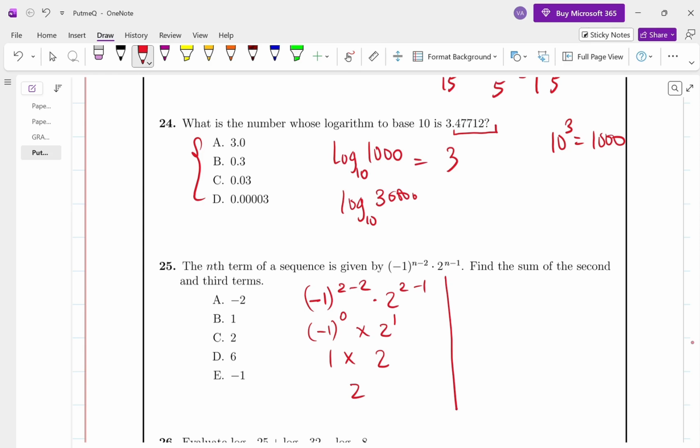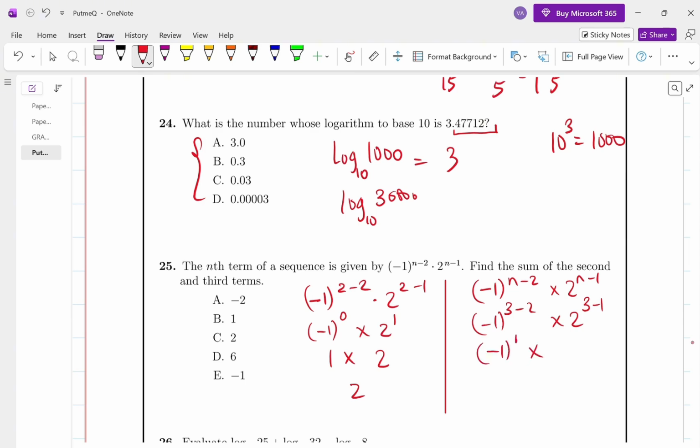So this is the second term. Now the third term, so we have -1 to the power of n minus 2 times 2 to the power of n minus 1. So we're looking for the third term now. This is -1, 3 minus 2 times 2 to the power of 3 minus 1. So -1, 3 minus 2 is 1, times 2, 3 minus 1 is 2. -1 to the power of 1 is -1.